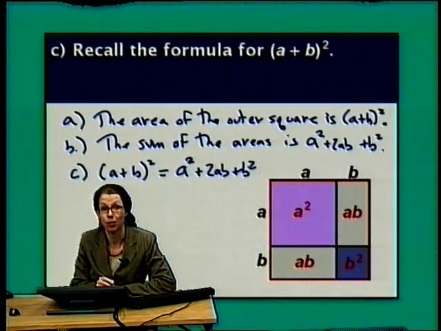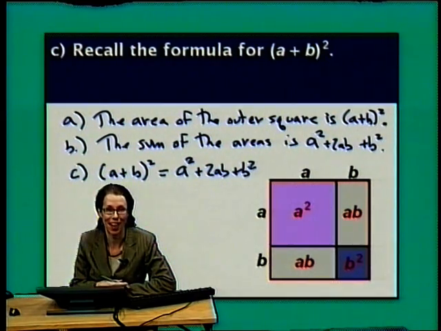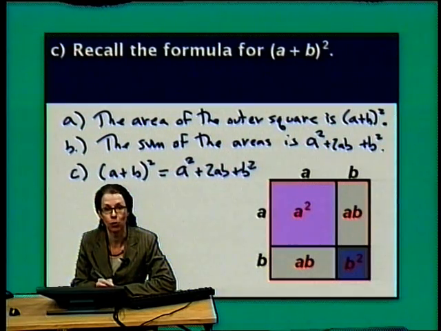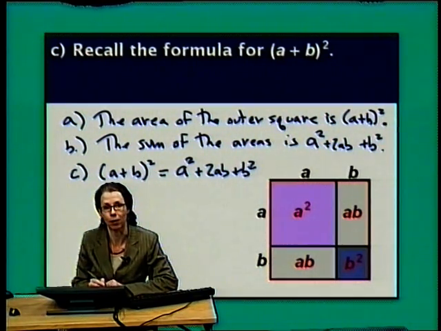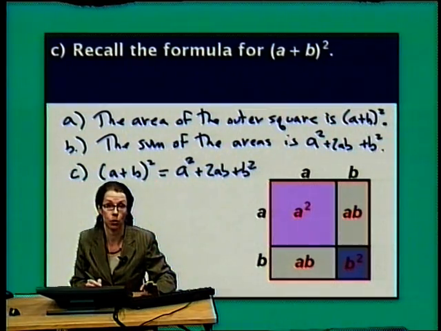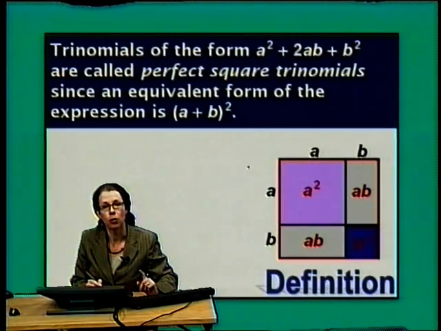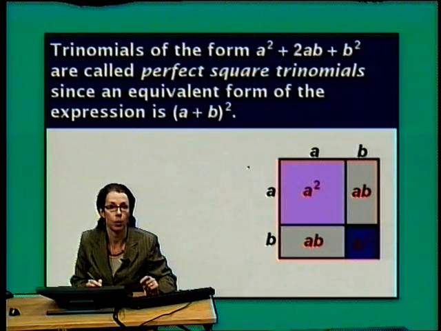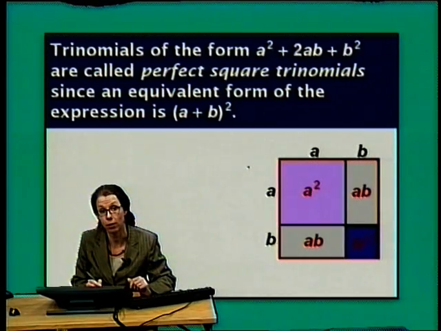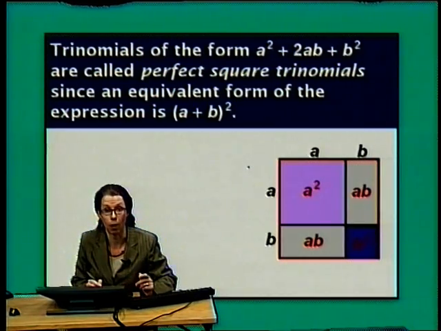Now we see that there's a geometry behind this. In fact, there are a lot of squares here. And in fact, when we add a squared plus b squared plus 2ab, we get another square. This is called a perfect square trinomial. So trinomials of this form, a squared plus 2ab plus b squared, are called perfect square trinomials because they can be written as a plus b quantity squared.